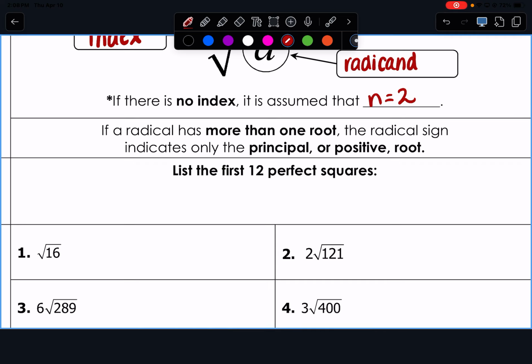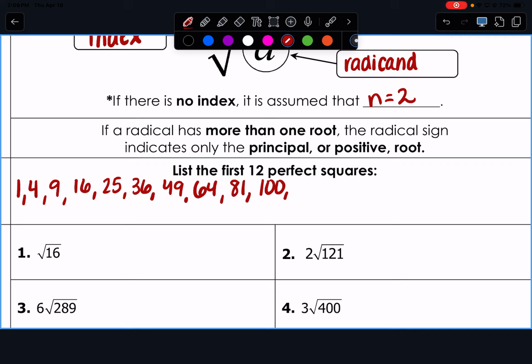So what is 1 squared? 2 squared? 3? 4? 5? 6? 7? 8? 9? 10? 11? 121. 12? 13? 169. 14 is 196.